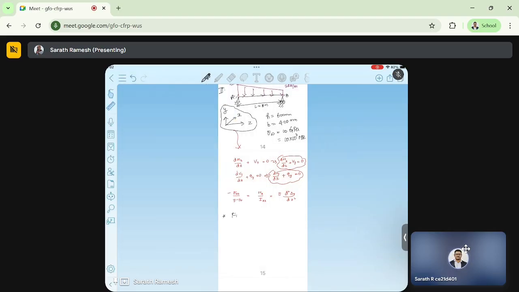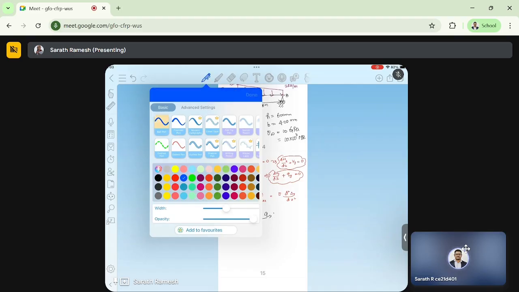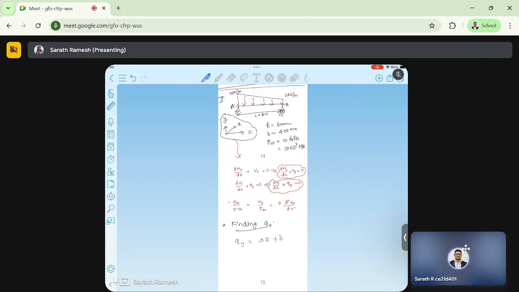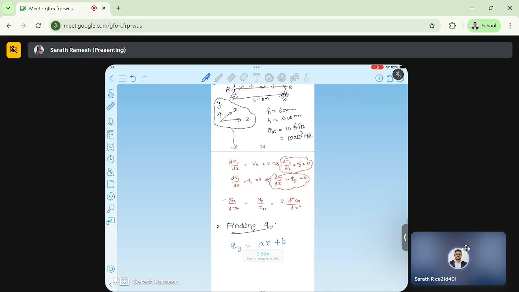So finding qy. How will qy vary? Here in this problem it's linear. So let me assume qy equal to az plus b, where a and b are some constants, so some linear function.